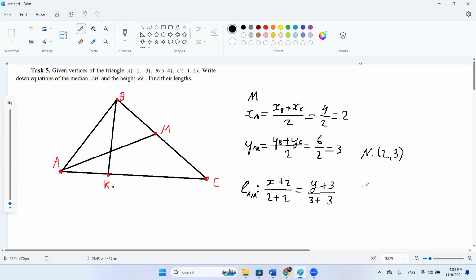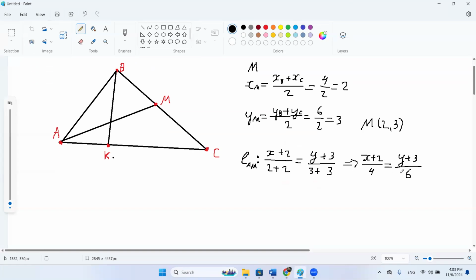And if we reduce, (x plus 2) divided by 4 equals (y plus 3) divided by 6. And now we are finding the length of the median AM, because we know everything for this.